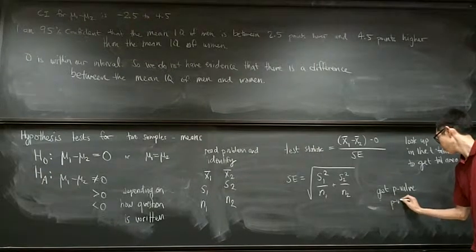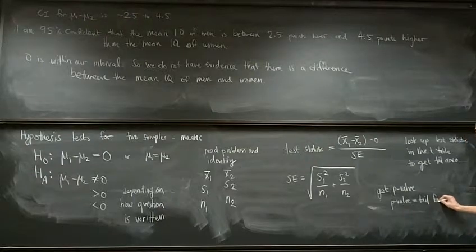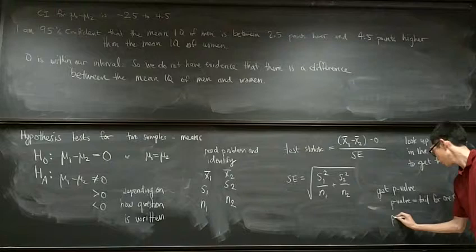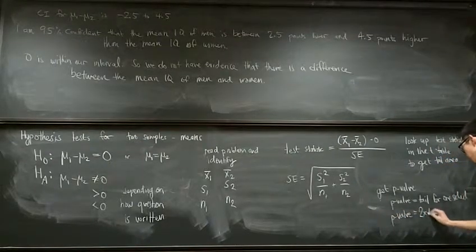The p-value equals the tail for one-sided. P-value equals 2 times the tail for two-sided.